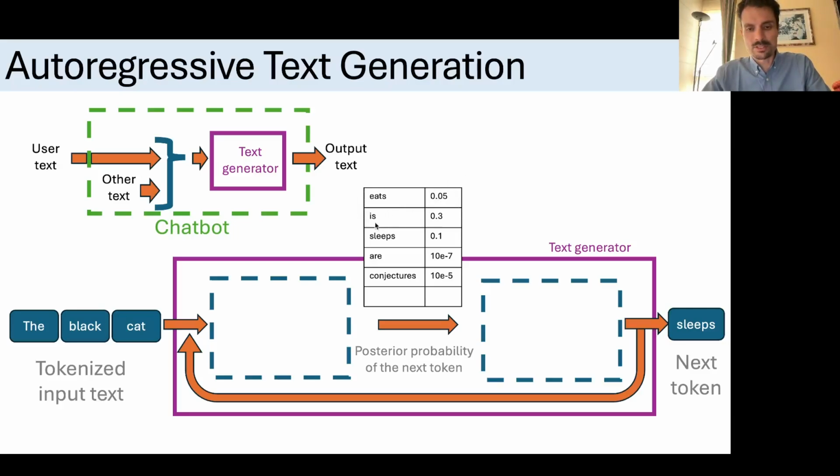The probability that the next token is this one is this number, and so on, as shown in this example. Some words may have a very low probability.